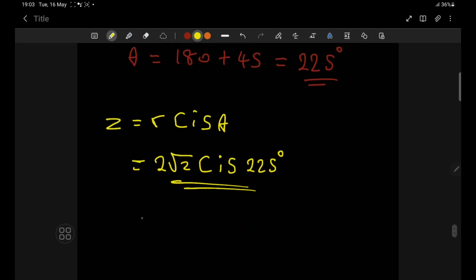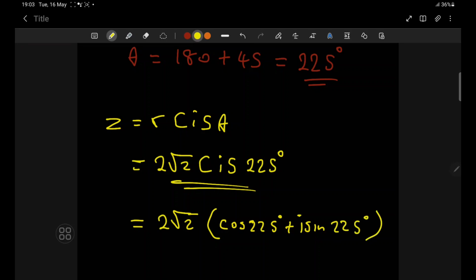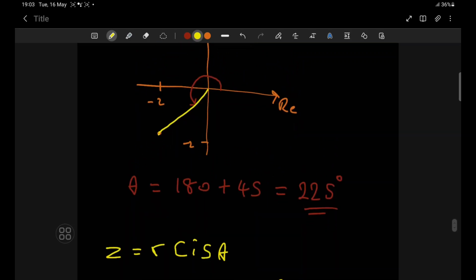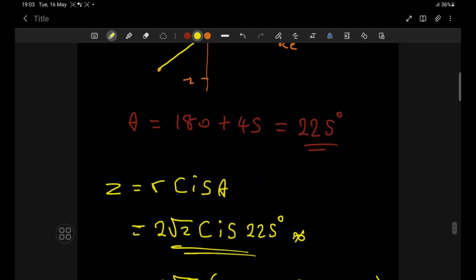So this is fine, or others might present it as 2 square root of 2 times cos 225 plus i sin 225. So it's one and the same thing, but this is just simplified, so it's better. So then you're done. So that's how you write a complex number in trigonometric form. So first you find the r, you find the alpha, then use it for finding your angle, then you're done.